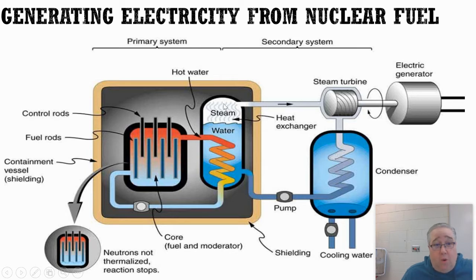Okay. So what we have here, this is what we call the containment structure. This is this kind of yellowish area here. The containment structure is typically several feet thick of concrete, lead, whatever it is. But it's important that containment structure is intact because remember what I said.